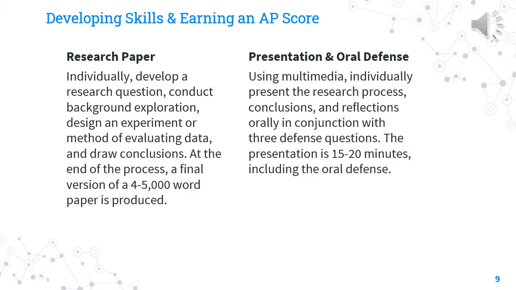AP Capstone Research earns an AP score through a research paper, which is individually developed from a research question, conducting background exploration, designing an experiment or method of evaluating data, and drawing conclusions. At the end of the process, you should be able to produce a final version of a 4,000 to 5,000 word paper. This paper should cover your entire research process.